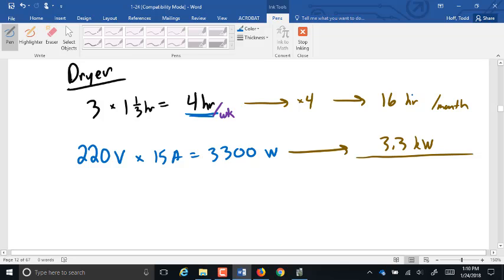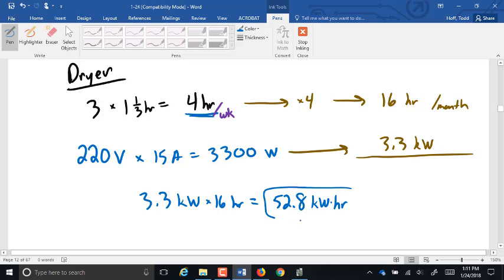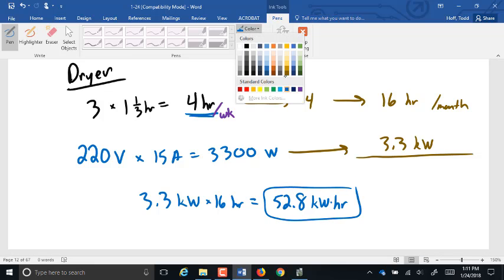Then I'm going to multiply 3.3 kilowatts times 16 hours, which gives us 52.8 kilowatt hours.